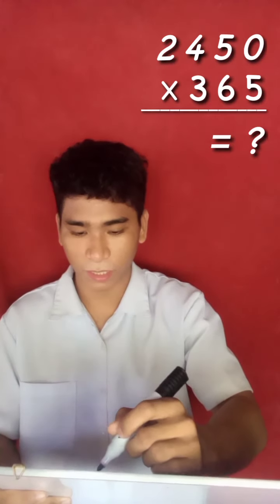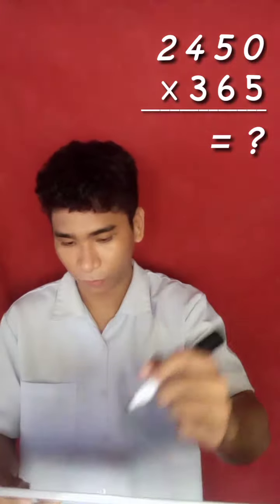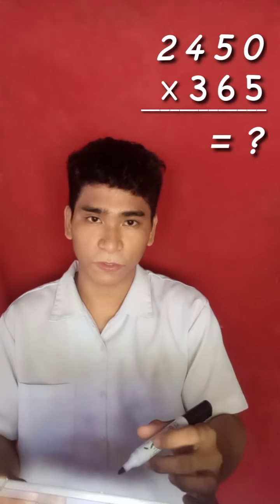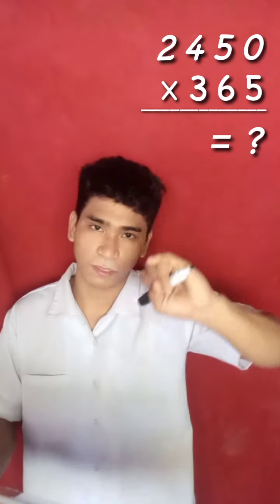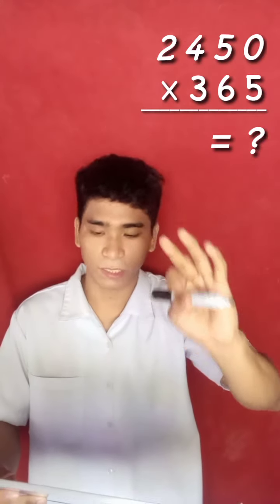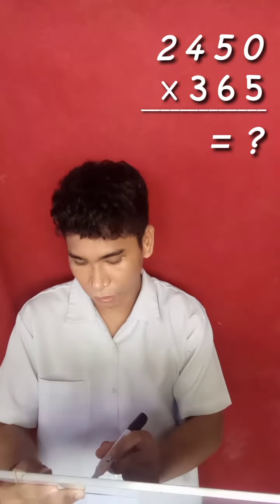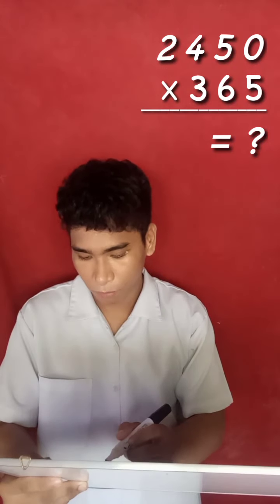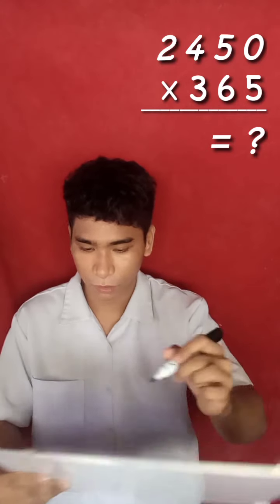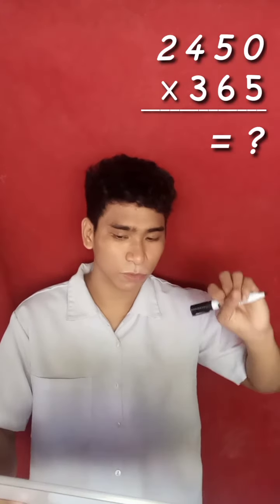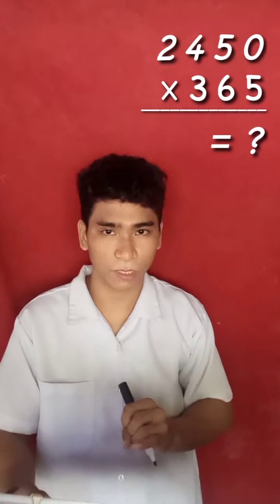Write 1 at the top of the number 4. 3 times 4. Okay, so let's count. 4, 8, 12. Plus 1 is equal to 13. Bring down 3 at the bottom of the number 4 and then write 1 at the top of the number 2. So the last, 2 times 3 is equal to 6 plus 1 is equal to 7.